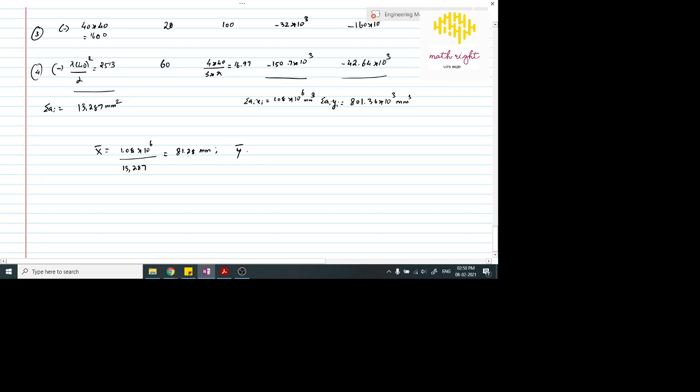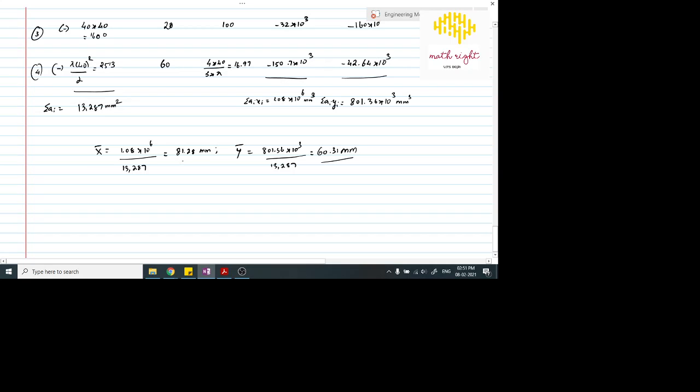And y bar is 801 into 10 to the power 3 divided by 13,287. We get the value 60.31 mm.